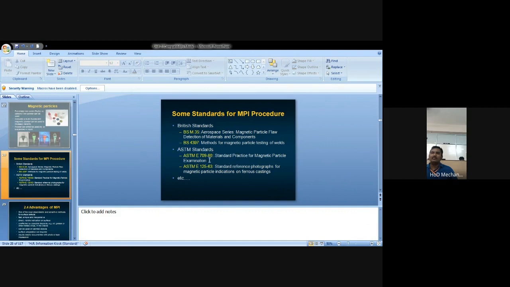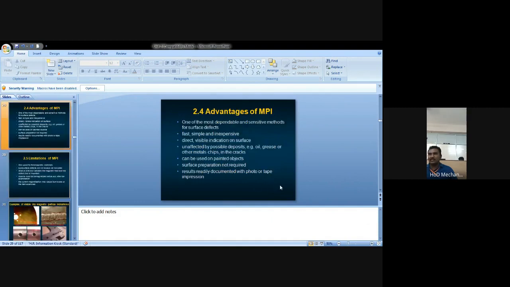ASTM standard, the American standard for testing of material, ASTM E709 and 80, the standard practice for magnetic particle examination. And another standard is ASTM E125, the standard reference photographs for magnetic particle indications on ferrous castings.